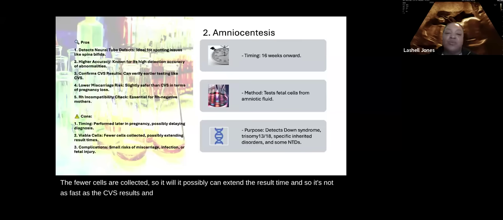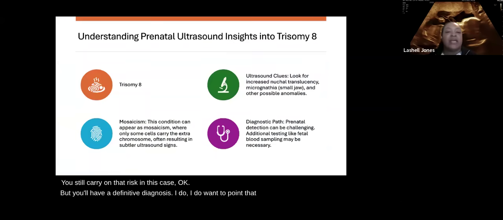And then once again, with an invasive test, complications may apply, and so you may have a risk of miscarriage and so forth. So you still carry that risk in this case. Okay? But you'll have a definitive diagnosis. I do want to point that out as well.